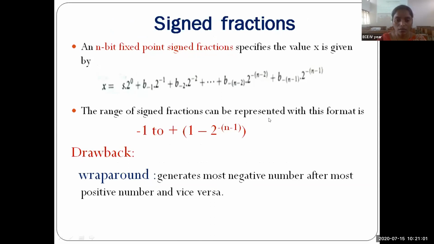If you represent the numbers as fractions, the range is minus 1 to plus 1 minus 2 power minus of n minus 1. All of you note down the range for signed integers and fractions.